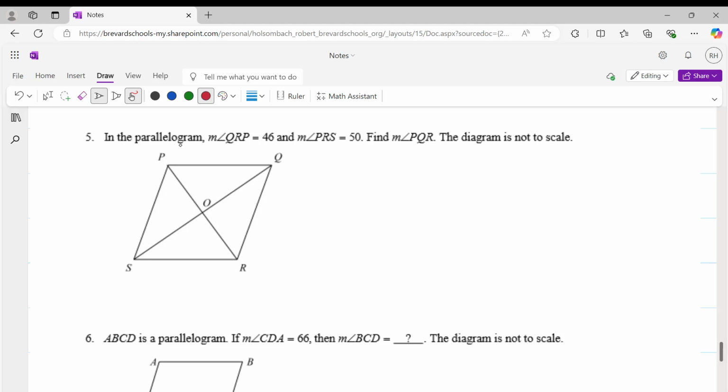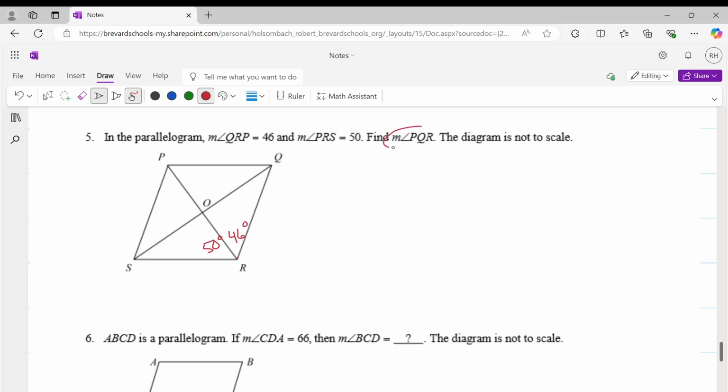Problem number 5, in the parallelogram, the measure of QRP. Q down to R and then up to P is this angle here, 46. The measure of angle PRS, starting at P, down to R, over to S. That's right here, it's 50 degrees.